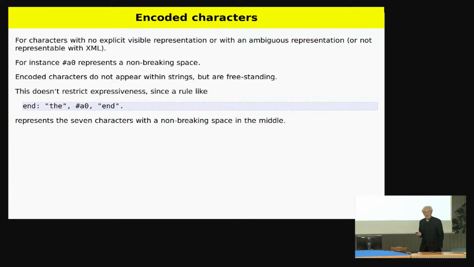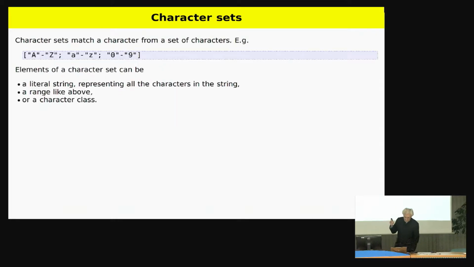There is a possibility of encoding characters that don't necessarily have a representation or are ambiguous. So for instance, #A0 is the non-breaking space. You don't put that in the string, it's just a character by itself, but that doesn't limit expressiveness, because a rule like this is just the 7 characters involved.